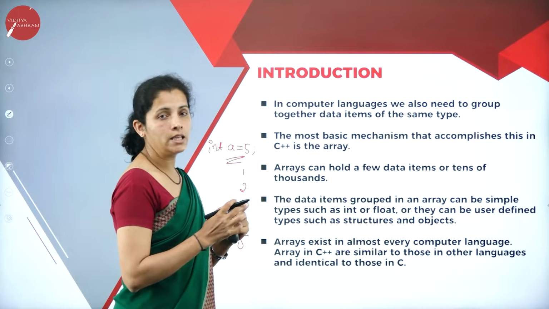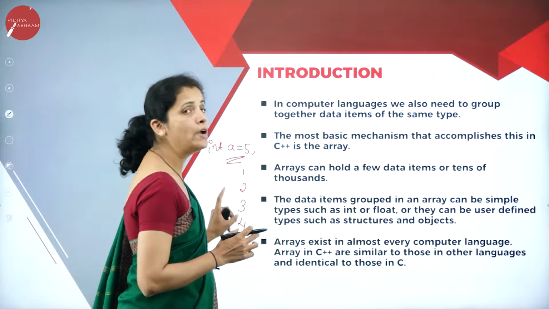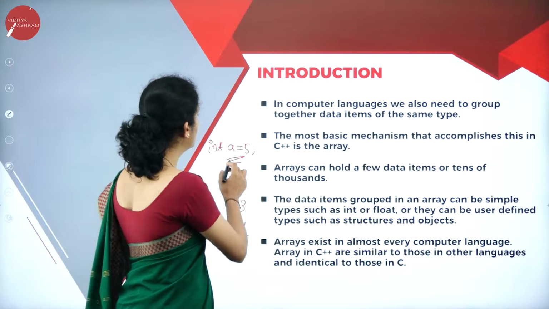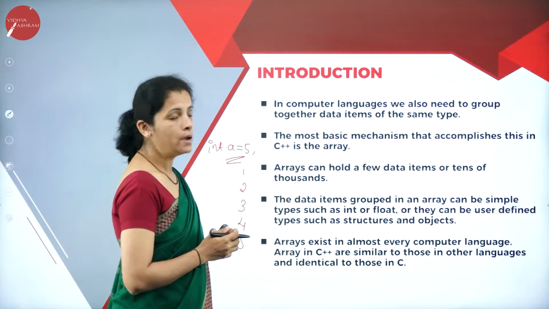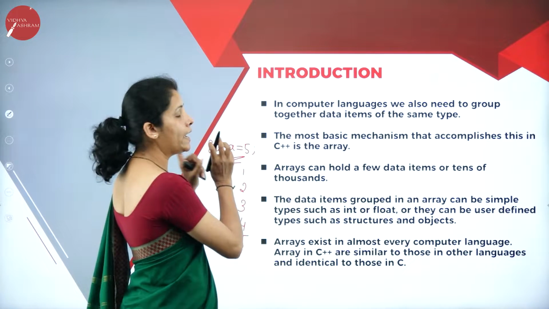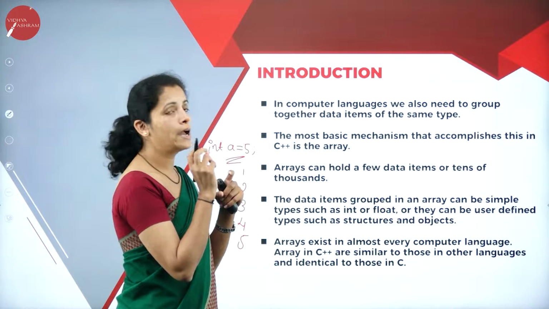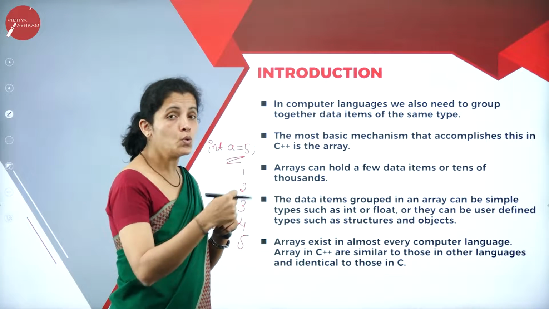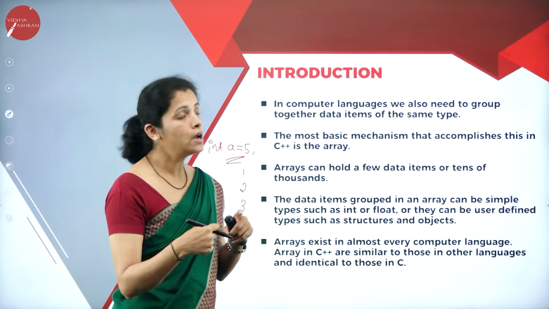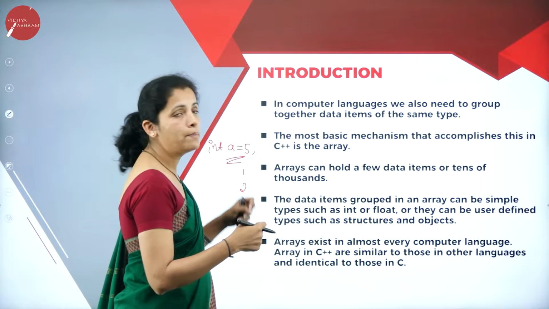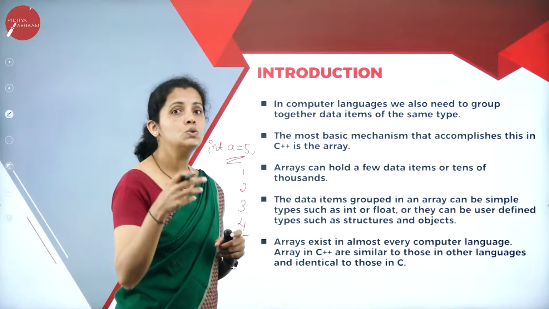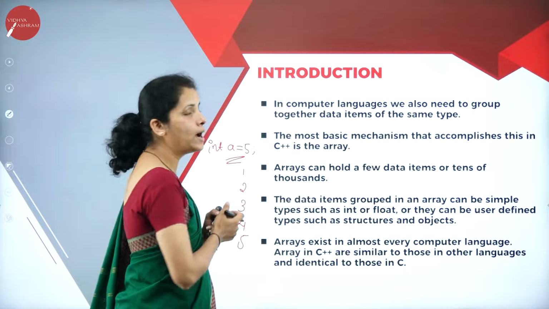That is, I want to store 5 different values in my variable a. But if I write int a equal to 5, then I am going to assign 5 to a. But I want to store 5 different values. By using a single variable, I cannot declare and store 5 different values.